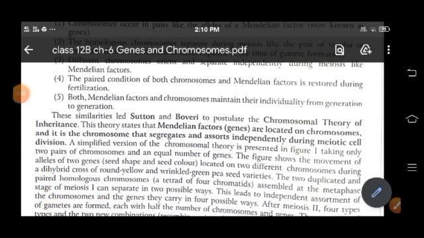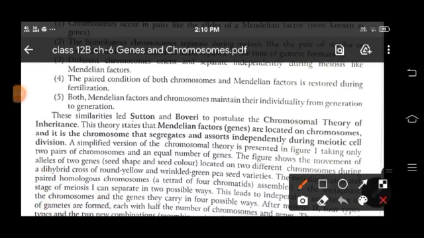These similarities which Sutton and Boveri observed led to the chromosomal theory of inheritance. This theory states that Mendelian factors are located on chromosomes, and it is the chromosomes that separate and assort independently during meiotic cell division.